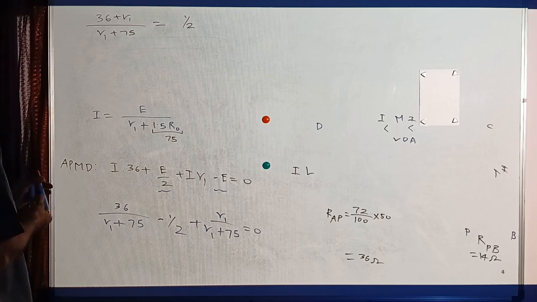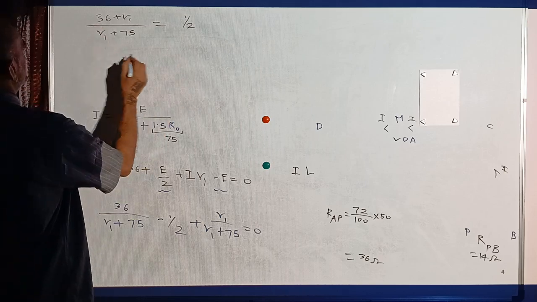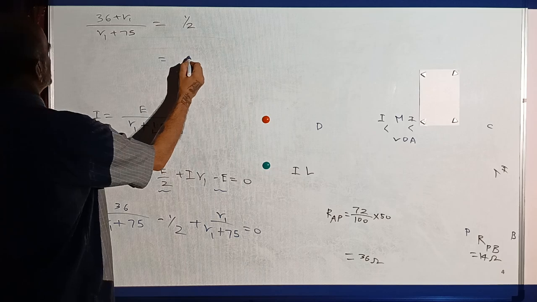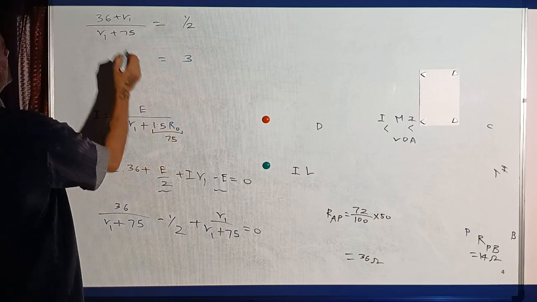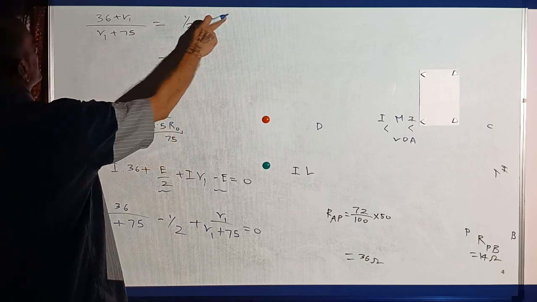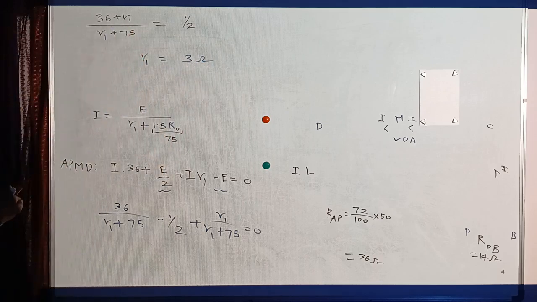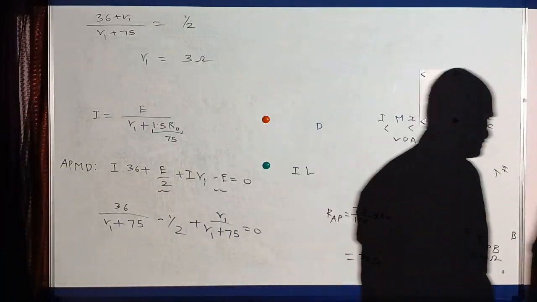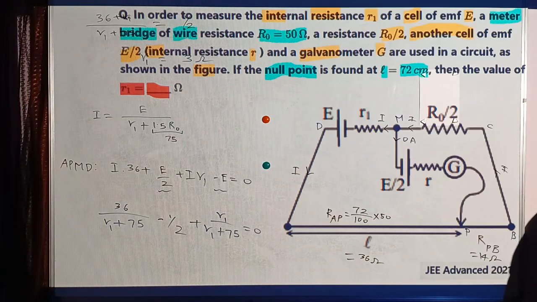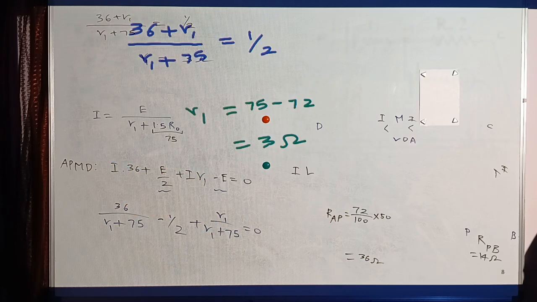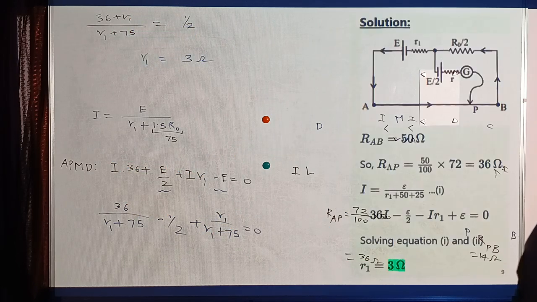So cross multiply, this will become 72. When 75 goes to the right side, the remaining is 3 here, and then 2 times R1. And then 1 R1 goes here, so R1 equal to 3 ohms. This is a simple calculation. Cross multiply and simplify. 3 is the correct answer.